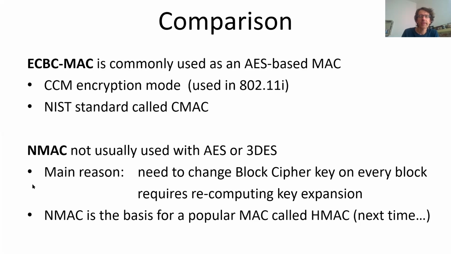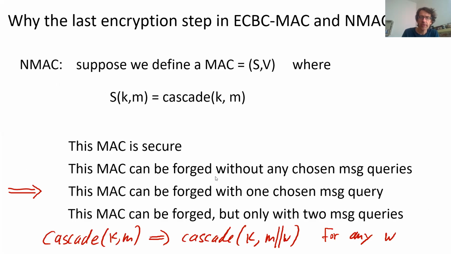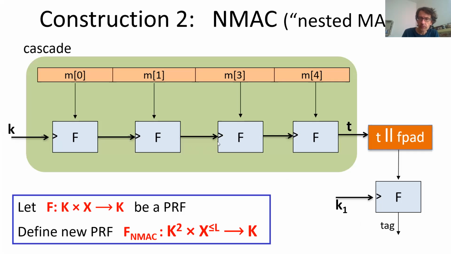But an NMAC has a bottleneck in that for every new block you are using the encryption on a new key, right? So in here you're switching a key every time.